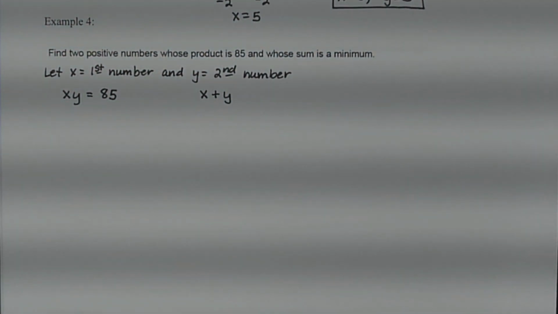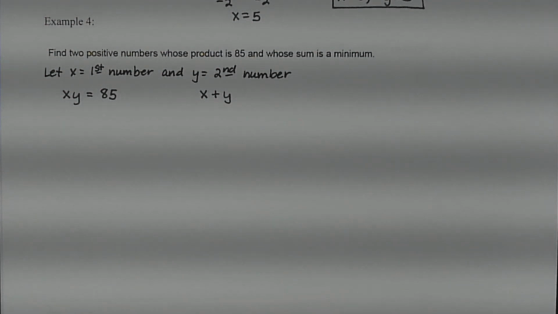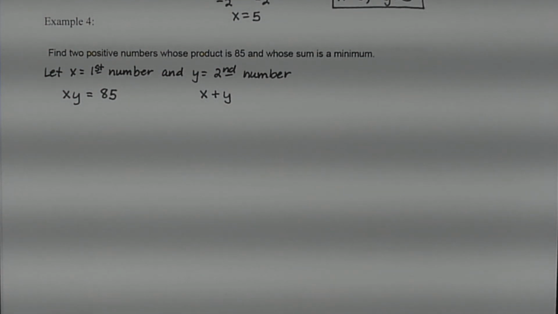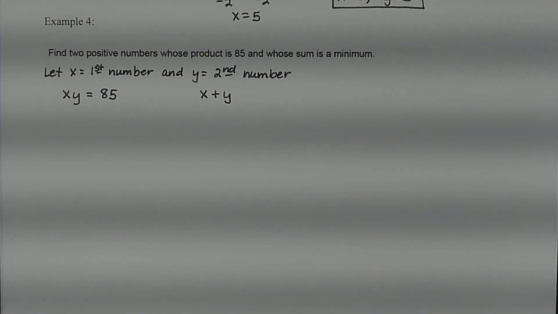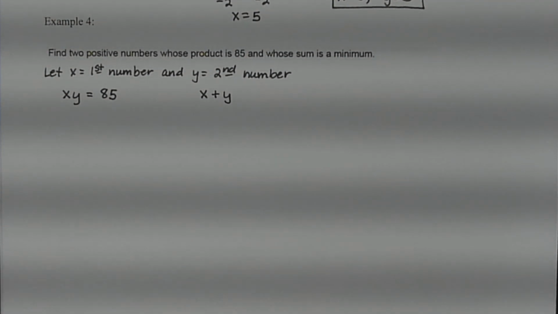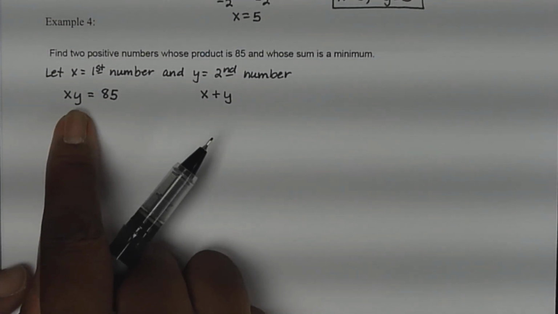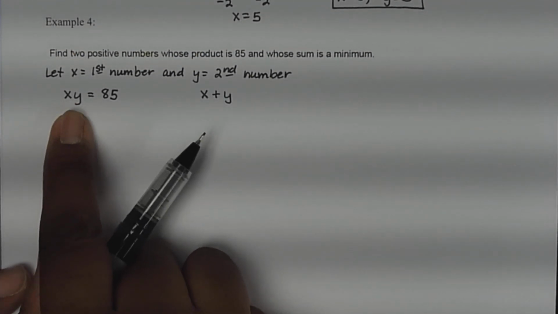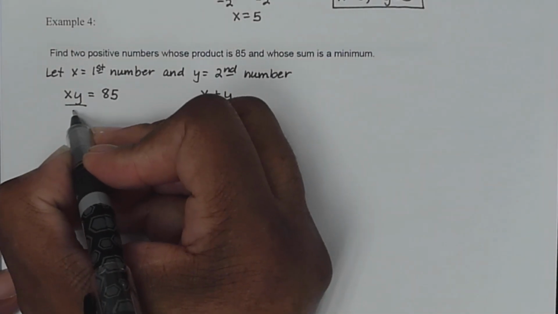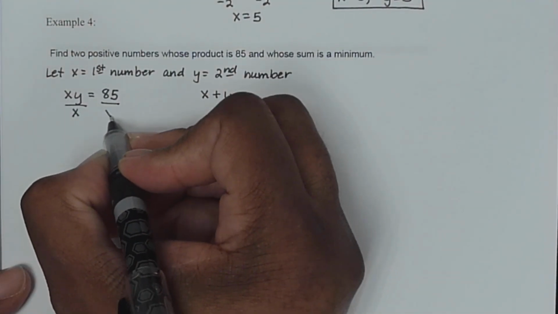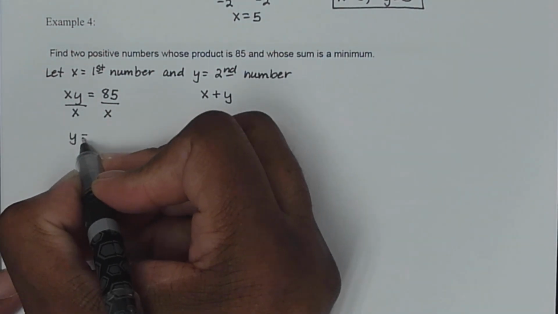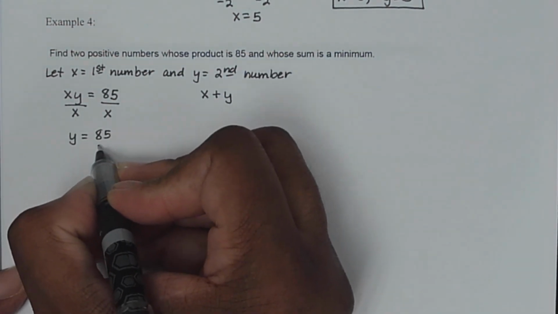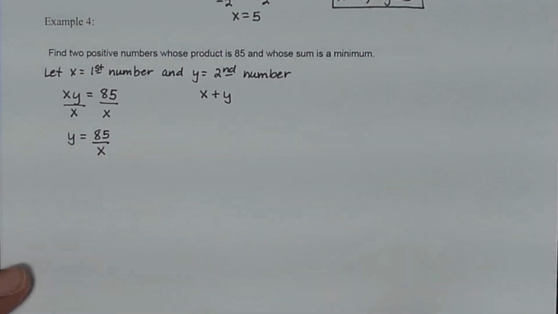Well, let's do this. Take that x times y equal 85, and solve that equation for y. So we're multiplying by x, and that means we need to divide both sides of the equation by x. So y is equal to 85 divided by x.